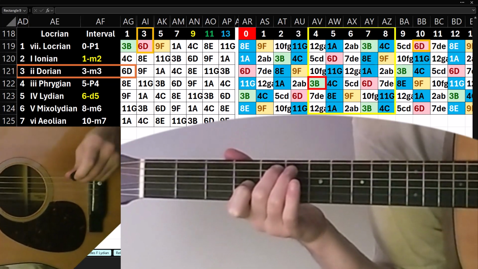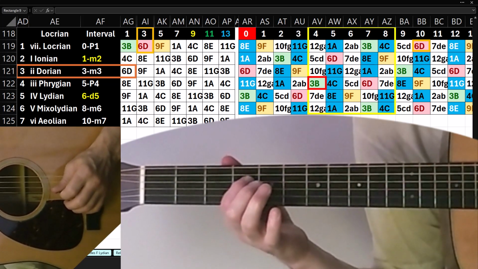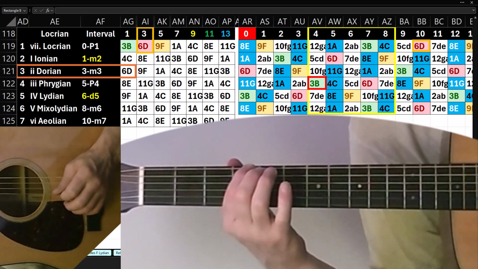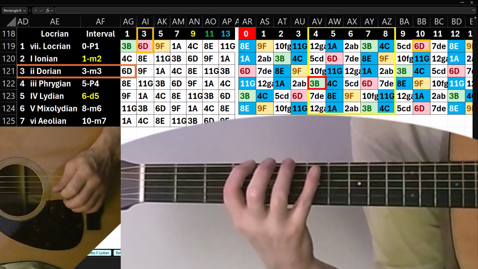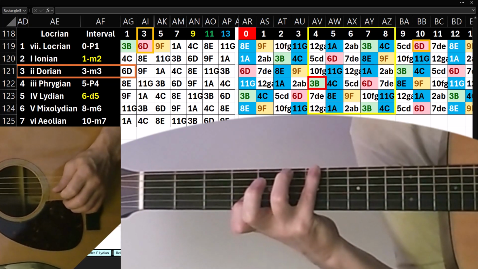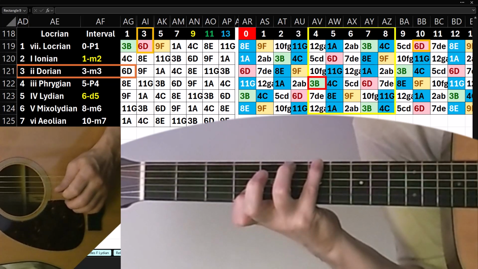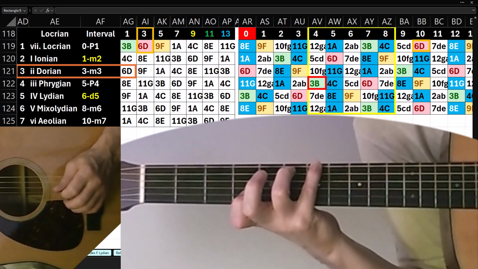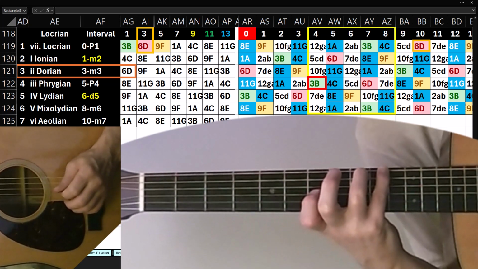So if I'm on this one, here it is on the guitar: negative 5, negative 10, negative 15. 15 minus 12 is 3, 2, 1, 0. There's the octave, and then 12, 11, 10, 9. There it is.